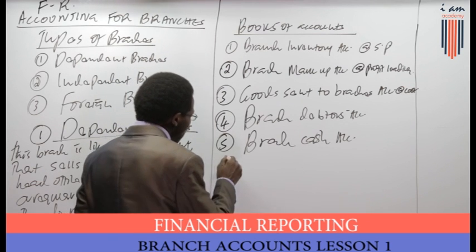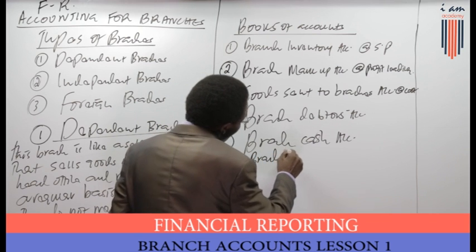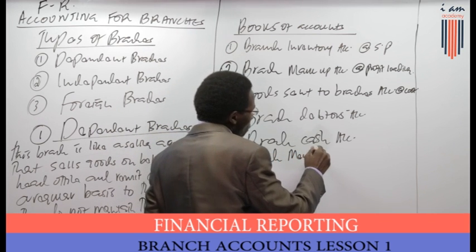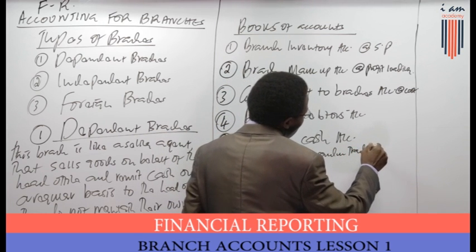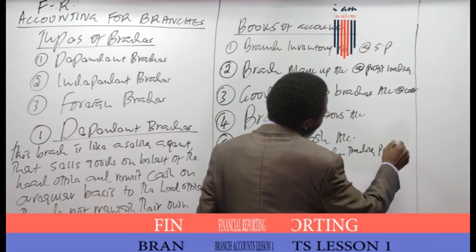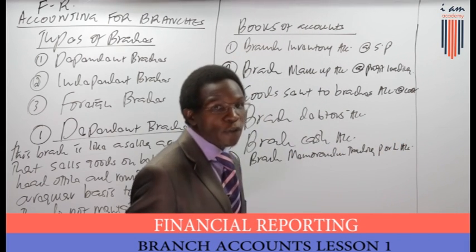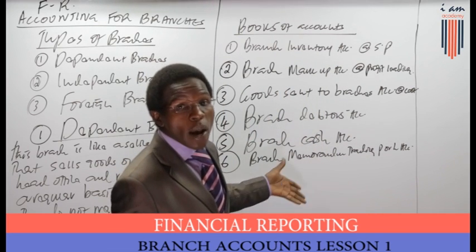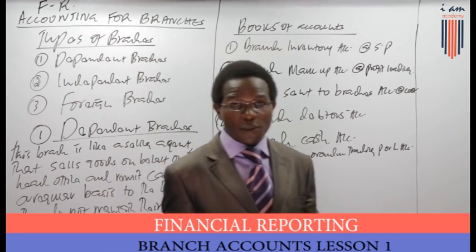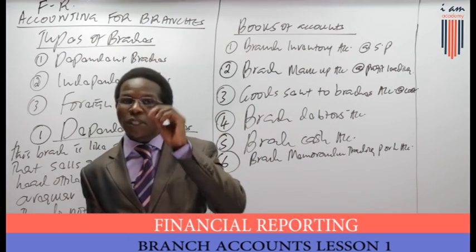Now, without forgetting, we have the branch memorandum trading, profit and or loss account. This is the profit and loss account where we want to determine whether we have made a profit or a loss at this branch. So we prepare a memorandum trading profit and loss account.